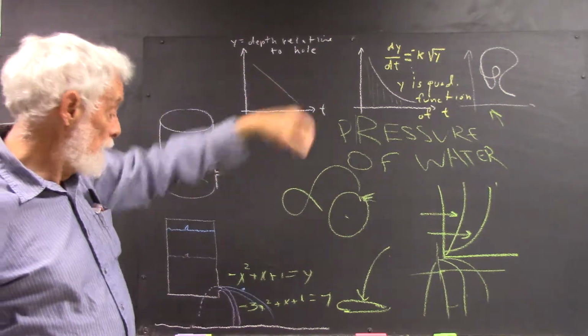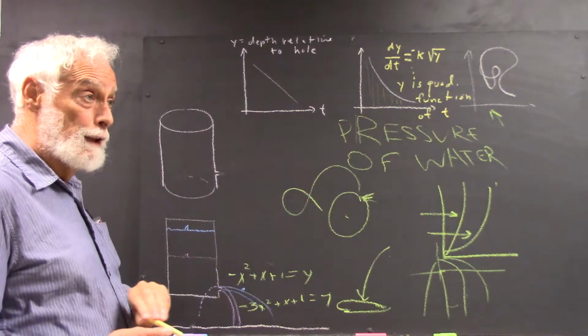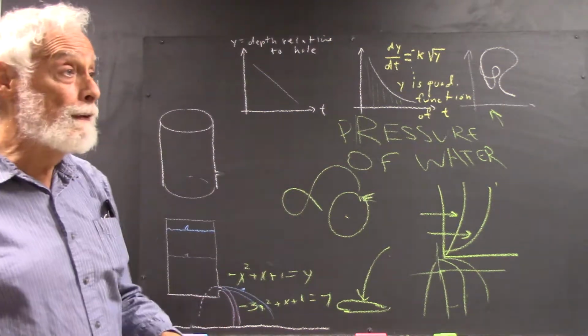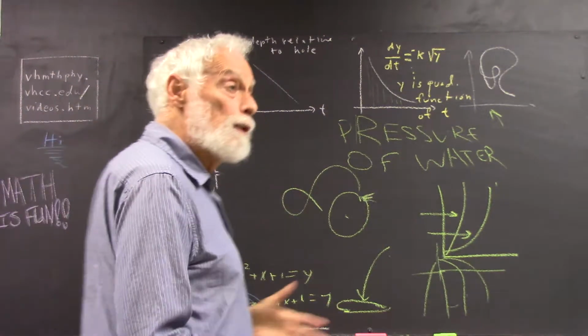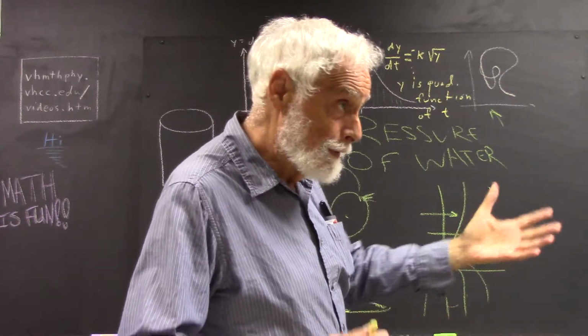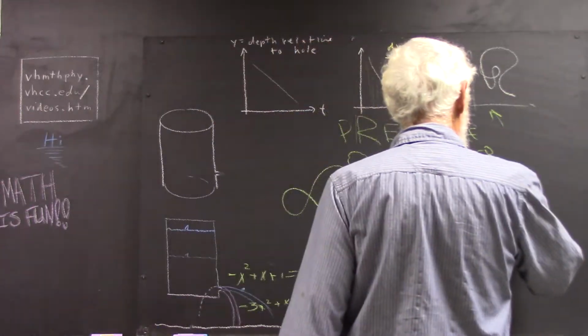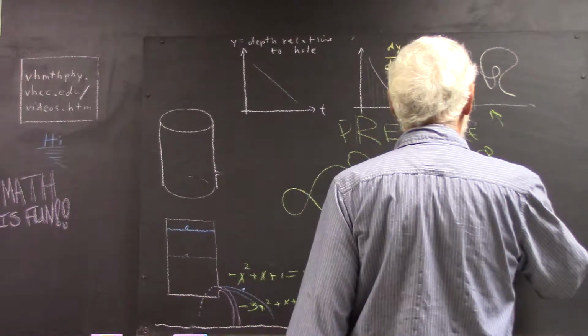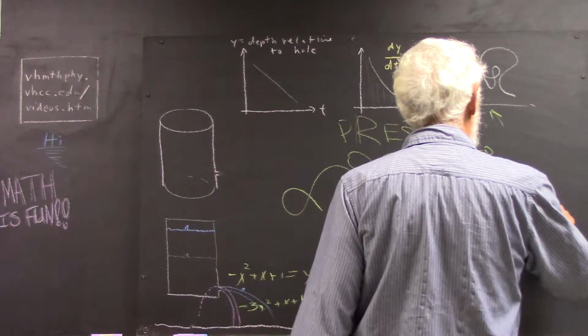I'll also show you how to get it from Wolfram Alpha. Okay? If you put this into Wolfram Alpha, here's how you would do it. You don't have to remember this because you won't necessarily know what it means. You just write y prime equals negative k square root of y.